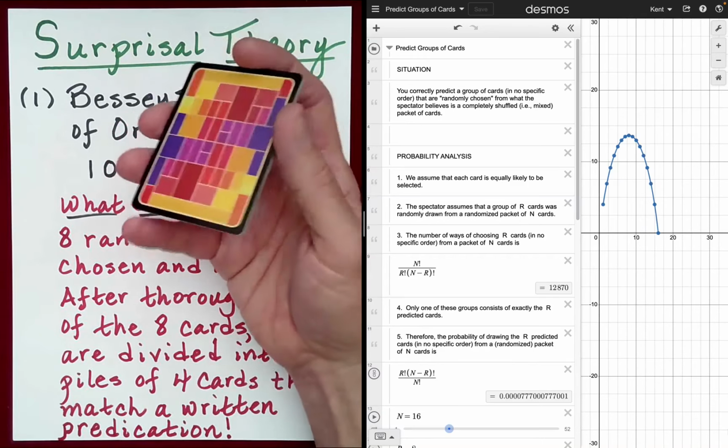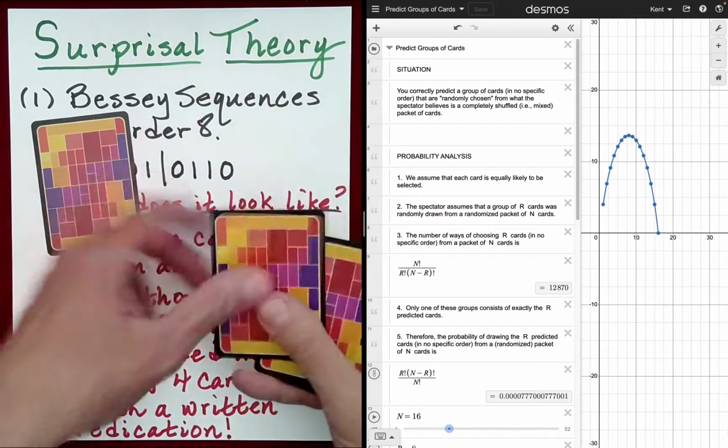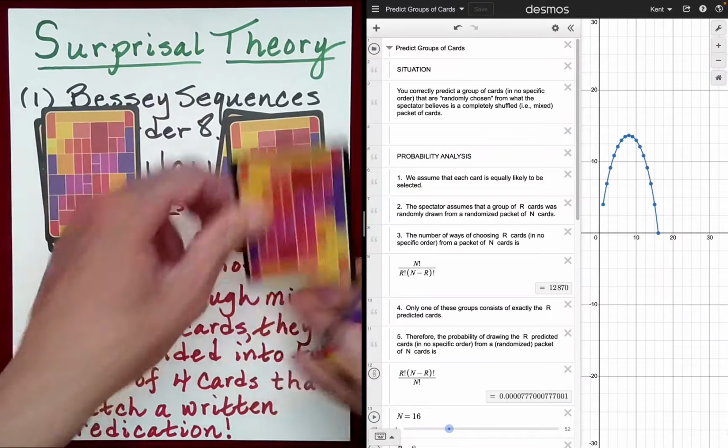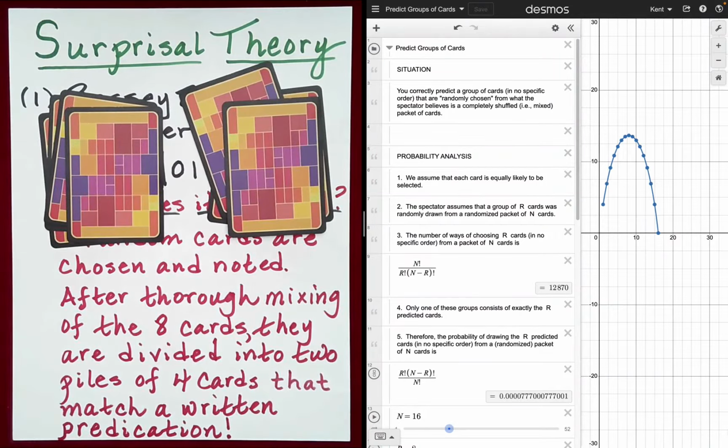These 8 cards are divided into 2 piles of 4 cards. And the dealing out into the 2 piles, if done correctly, will still look like a random dealing out of the cards into 2 piles of 4 from the perspective of the spectator.